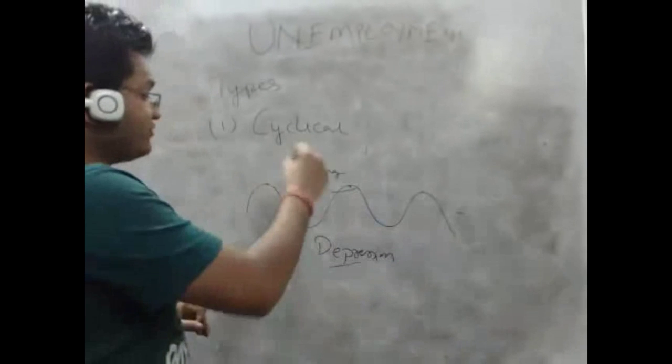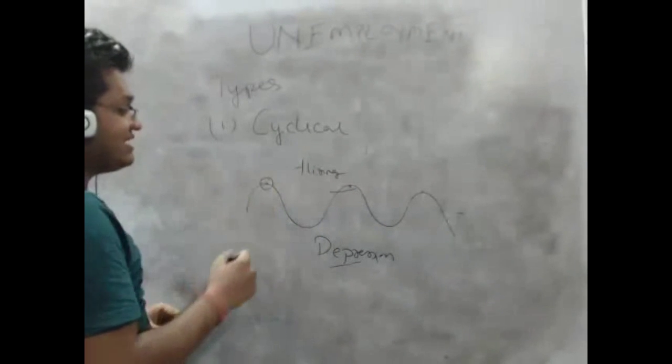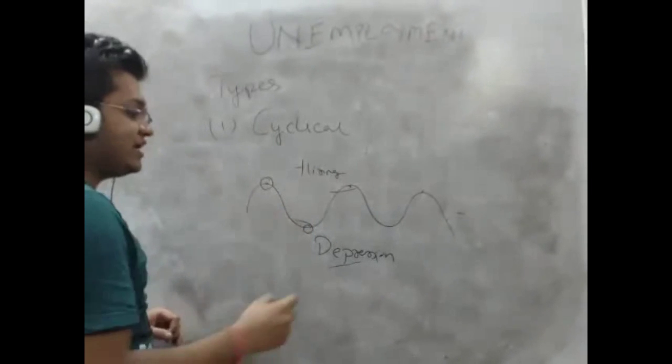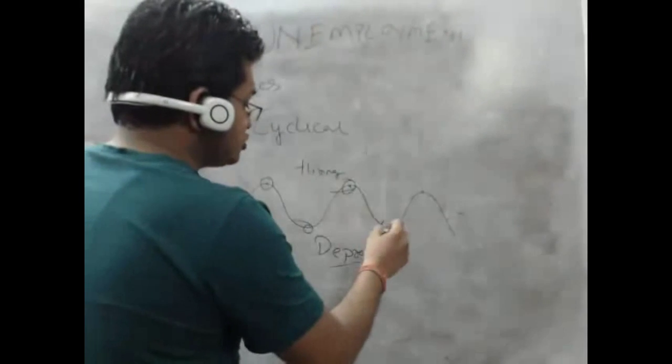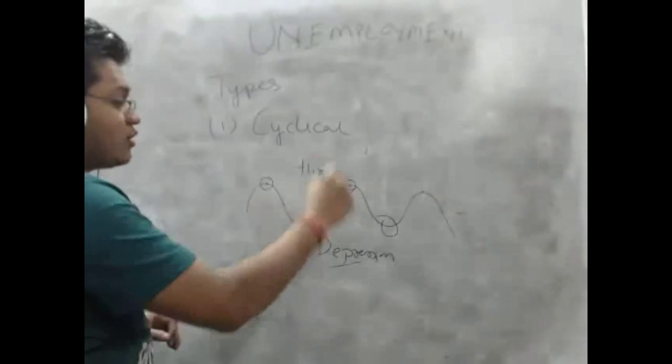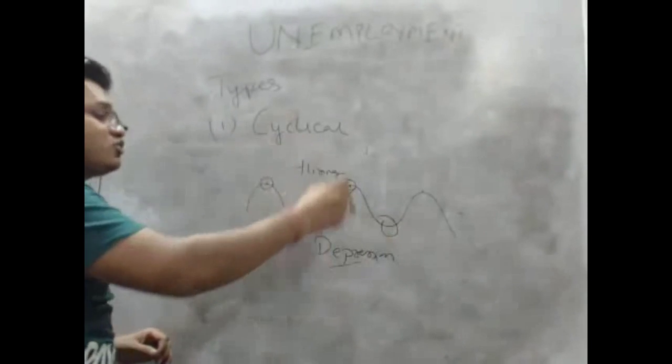Because of this cycle, when the economy is at this stage, the employment rate will be high. When the economy is at this stage, the employment rate will be low. So when people get unemployed because of the business cycle, then it is called cyclical unemployment.